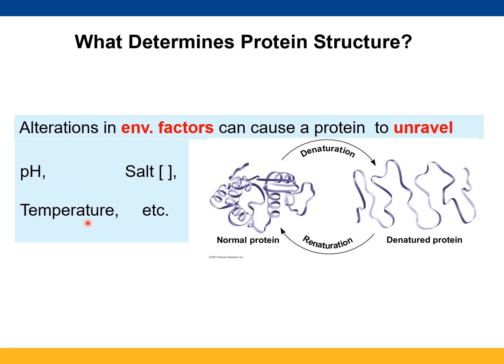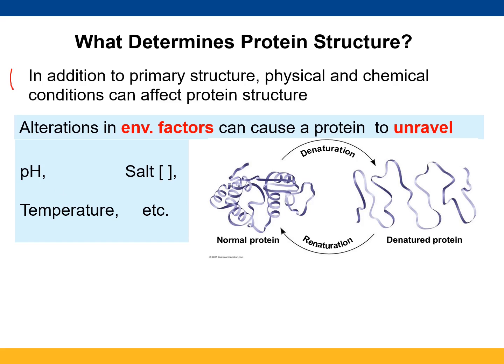And not only can we do that, we can also destroy the normal proteins, the normal shape, using pH and using different salt concentrations. Something that I want you to remember is that in addition to the primary structure, there are physical and chemical conditions that can affect the protein structure. I give you a few examples.